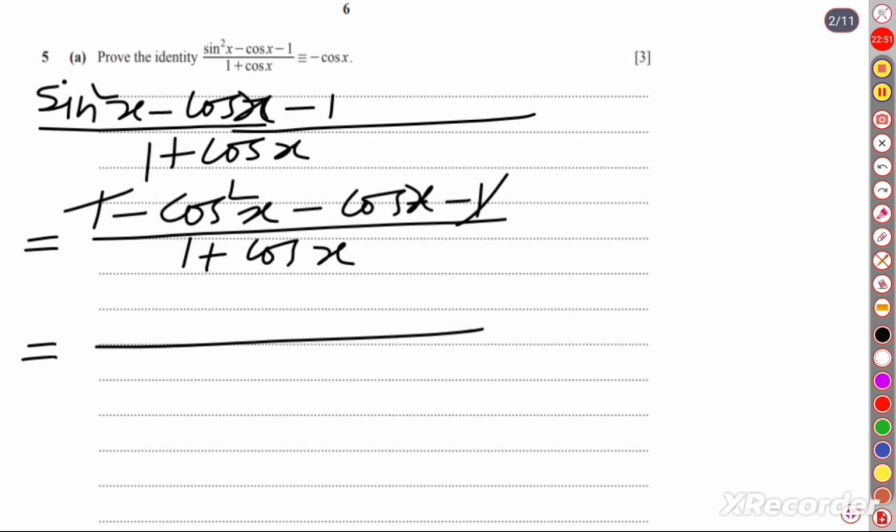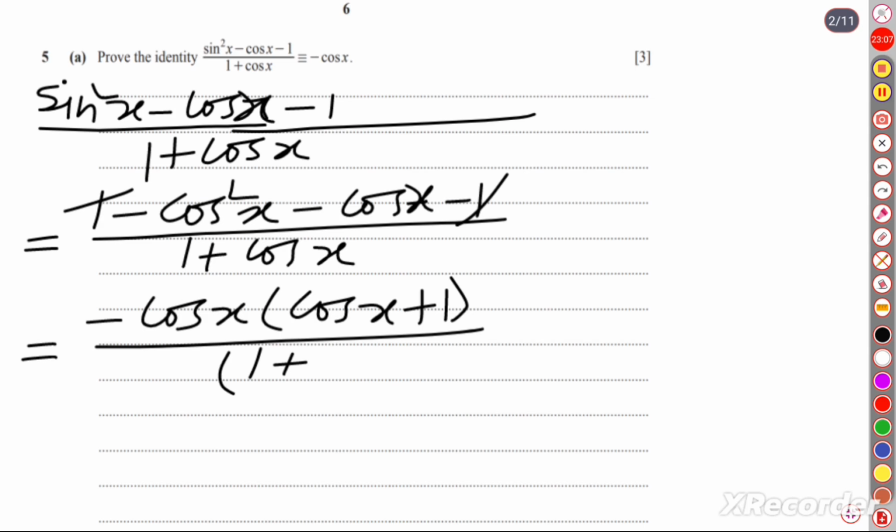So we have −cos²x − cos x, and we can take −cos x as common. Then there remains only cos x + 1, exactly as the denominator is. Now 1 + cos x and cos x + 1 are exactly the same, so they cancel out, leaving −cos x.